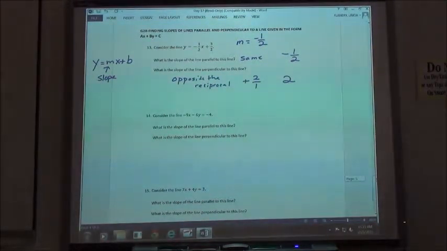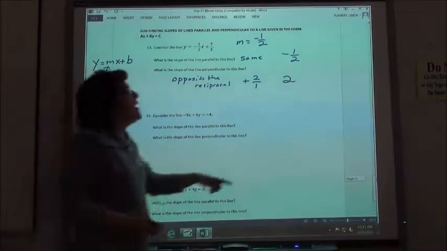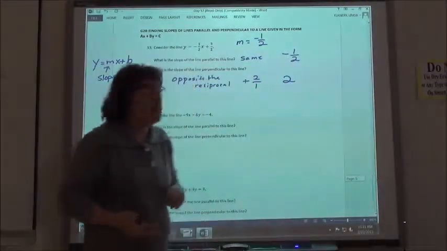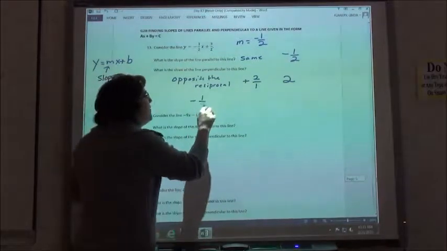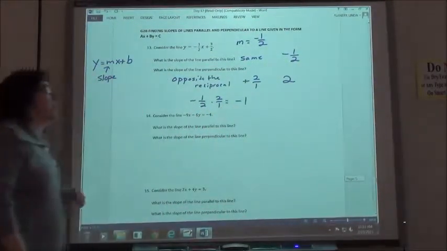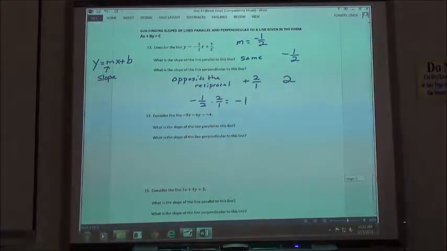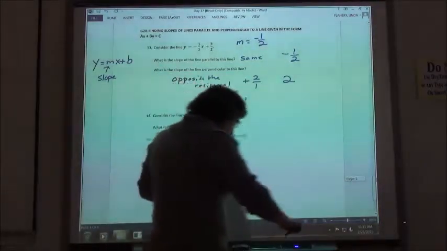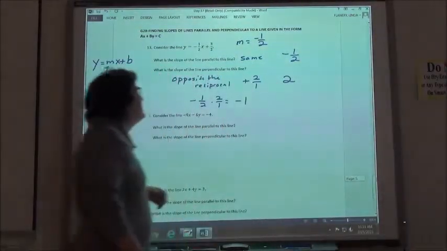They'll tell you when you look on the ALEX program that if you take the parallel slope and the perpendicular slope and you multiply those two things together, -1/2 times 2/1, you always get an answer of -1. Not that that makes a whole lot of difference, but you'll see it in the ALEX explanation, and it's just a fact that happens to be true if you're wondering why they put it there.